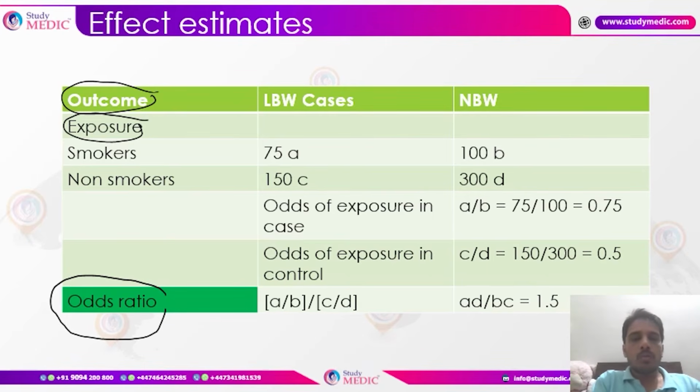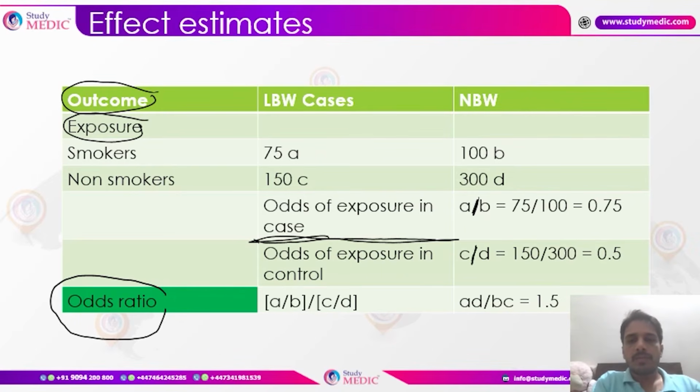Now, the odds ratio is nothing but the ratio of the odds of exposure in cases to the odds of exposure in controls, that is, the unexposed. What is the odds of exposure in cases? It is 75 by 100. What is the odds of exposure in controls?